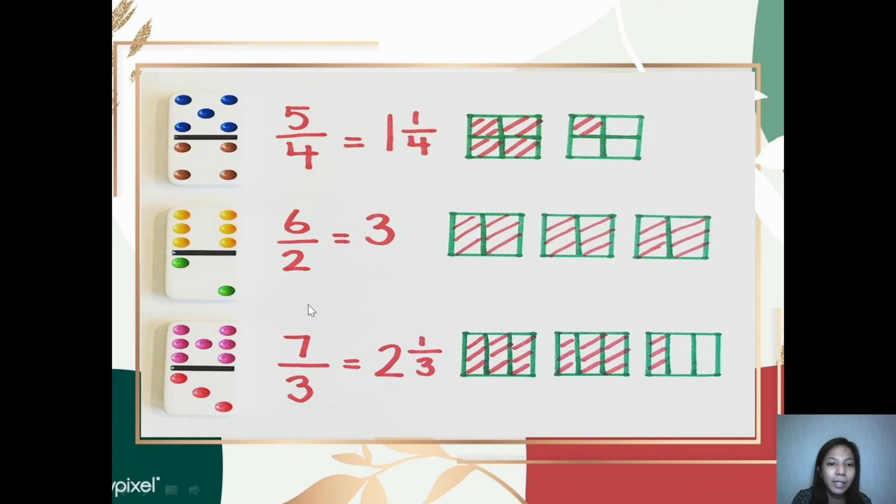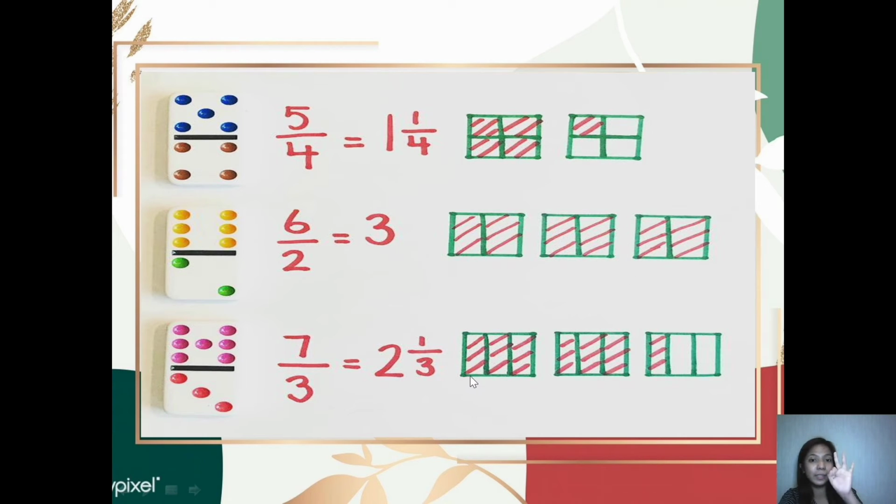Okay, another one here is 7 over 3. So this time, we cannot divide 7 by 3. If this is the case, we are going to make it into a mixed number. How many 3 are there in 7? 1, and then 2. So the answer is 2. And then how many left? 1. Then copy 3. So this is the example of its representation.